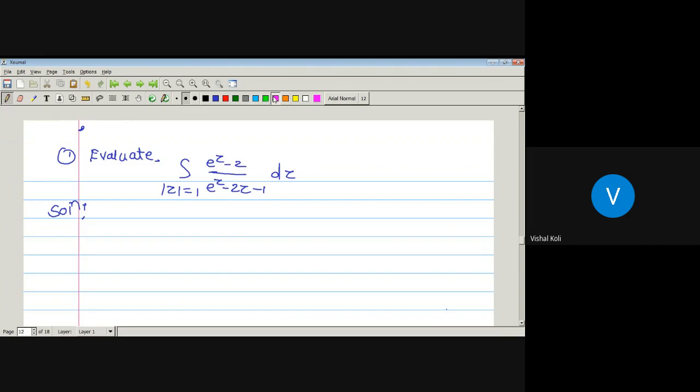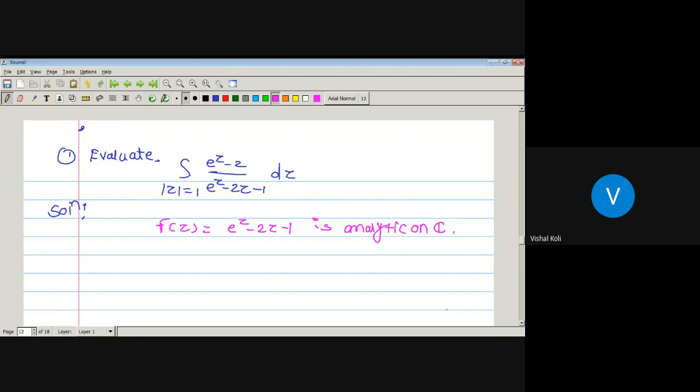Let us take f of z as e to the power z minus 2z minus 1, and now it is in the form of a polynomial. Since e raised to z is analytic and this one is a polynomial, this function is analytic on the whole complex number system.